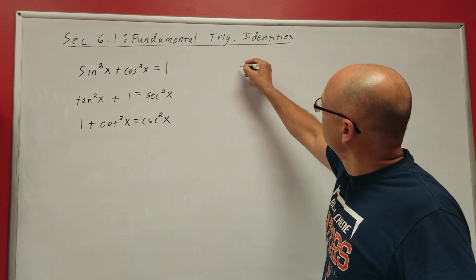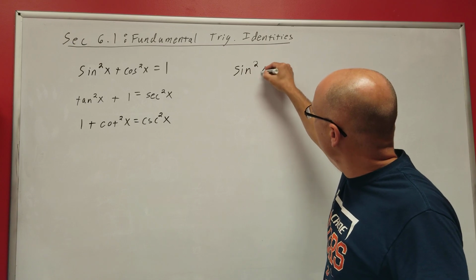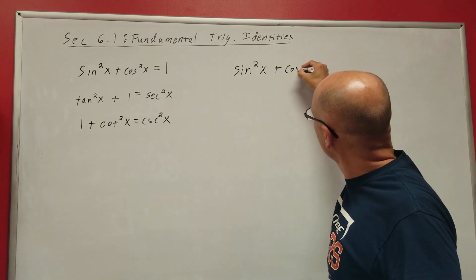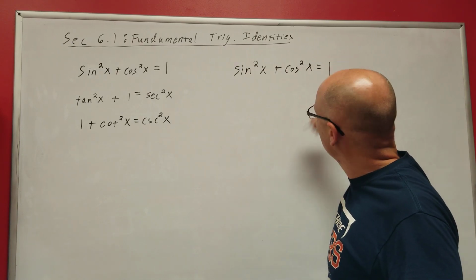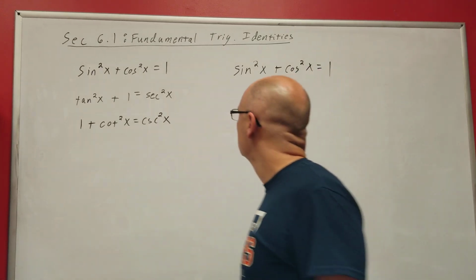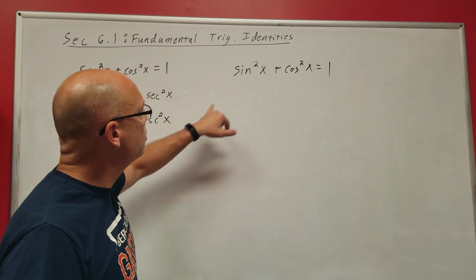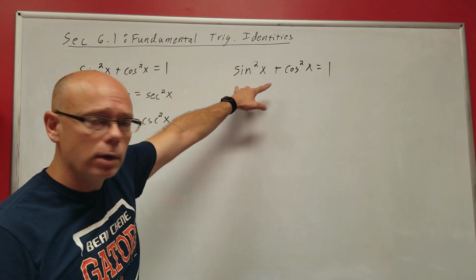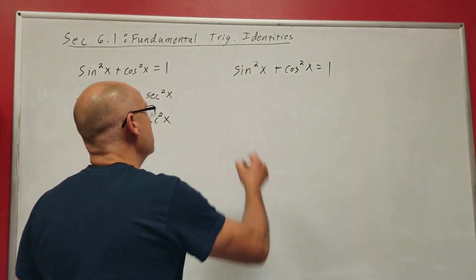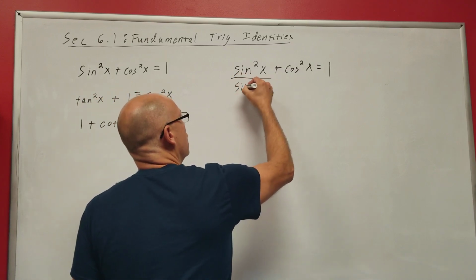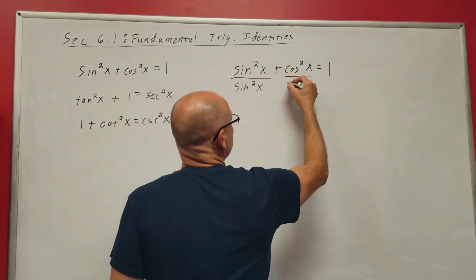All right, let's see. Since most people don't have trouble memorizing this one, you already have that in your memory bank. So think about it this way. If you have trouble with these two, think about what if we divide both sides of this equation by the sine of x squared? Or take each term, divide by the sine of x squared.